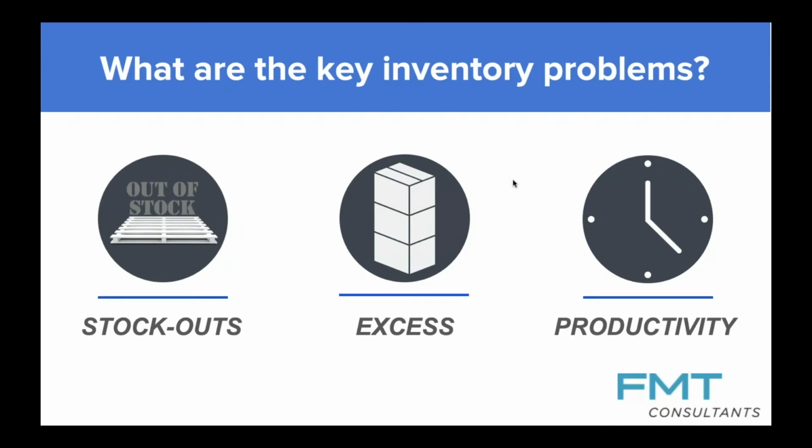If I have a product that is somewhat commoditized and my customer can go elsewhere to get satisfaction, they're going to go there. And it may not only cost me that one individual sale, but if that happens often enough, or if my customer has a great experience with a competitor, it could cost me the customer altogether. So worst possible scenario is I run out of product.